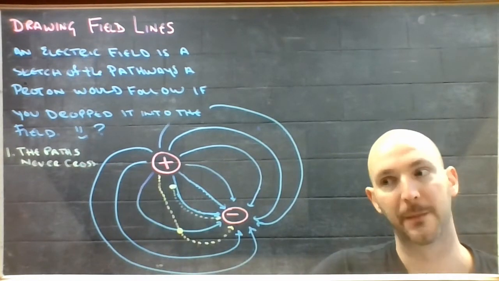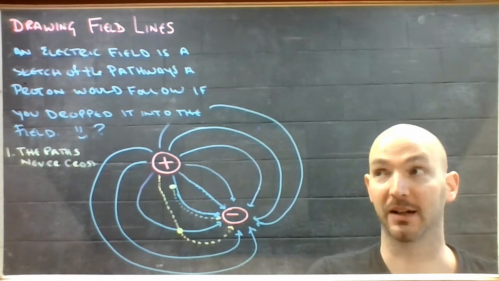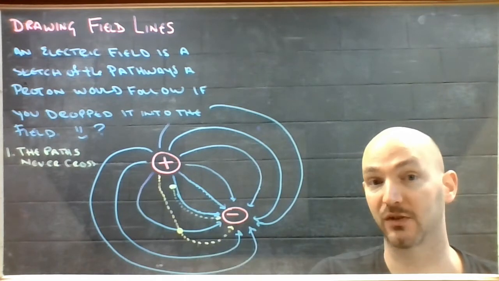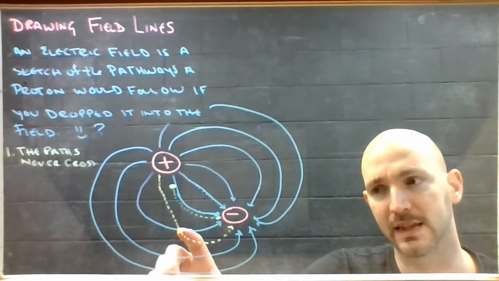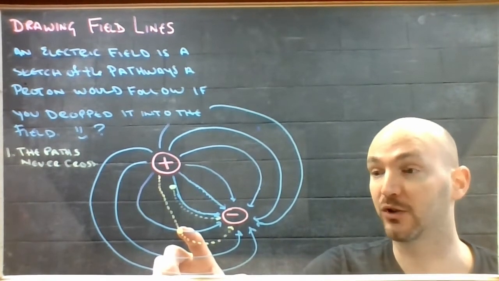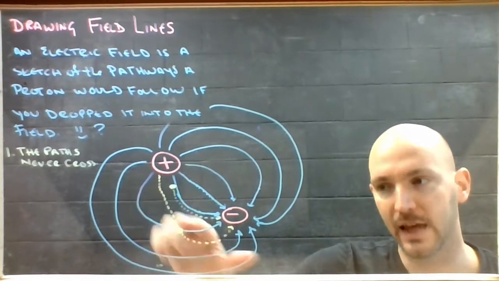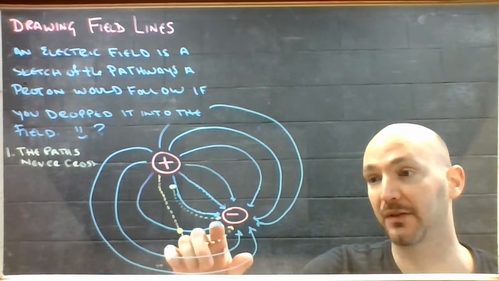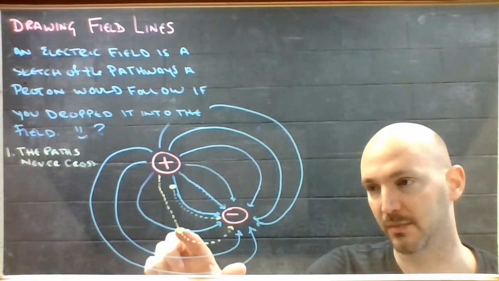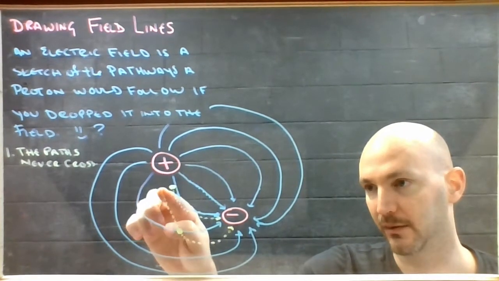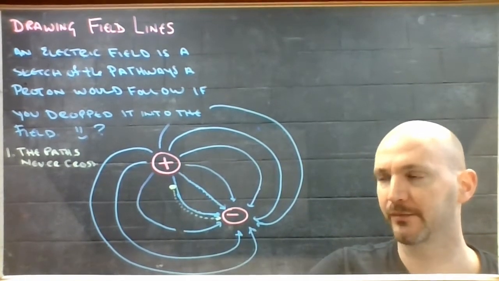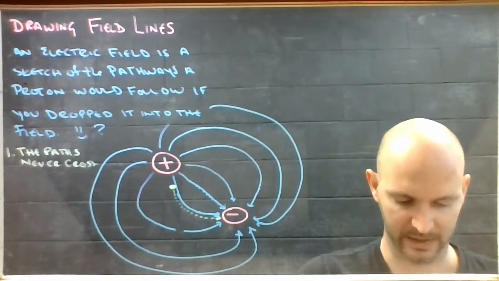Are you going to choose this one, or are you going to choose this one? Well, the question is flawed because, as mentioned earlier, protons don't have brains. They don't get to make choices. So the fact that this proton would be required to make a decision is why this line can't exist. There can only be one pathway at any particular point in space. So let me get rid of that terrible line there. Good. Number two.